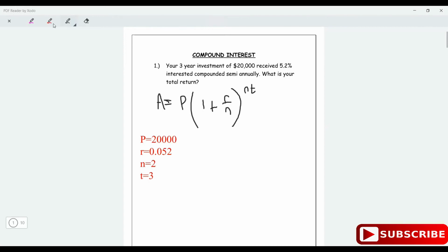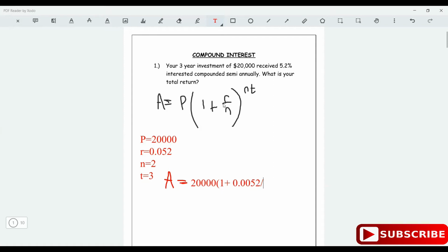So let us calculate your return. The amount, your return, is equal to your principal, which is 20,000, times in brackets 1 plus r over n, which is 0.052 divided by n. N is 2. All of this is raised to the n times t, which is 2 times 3.